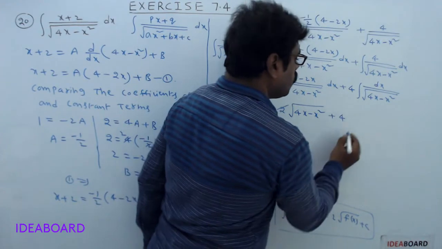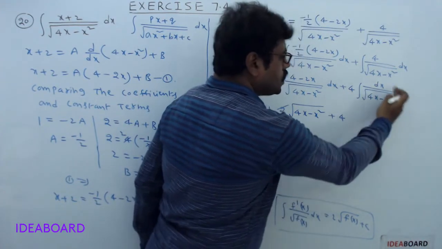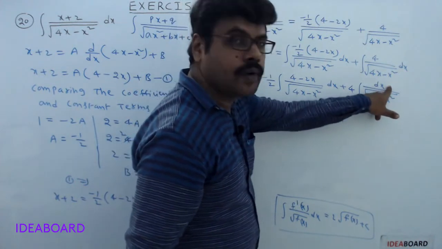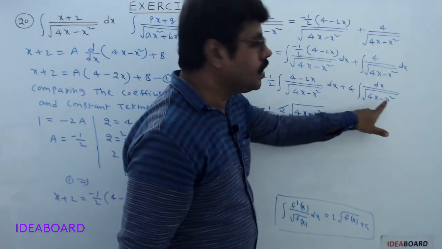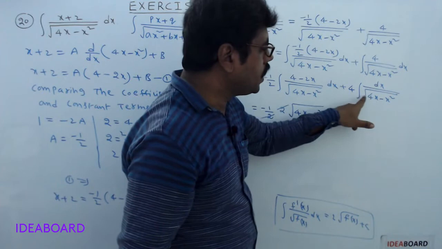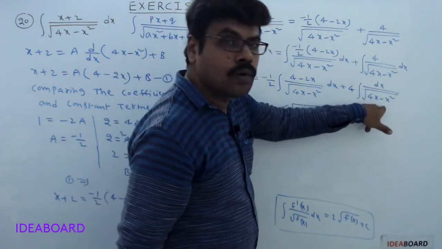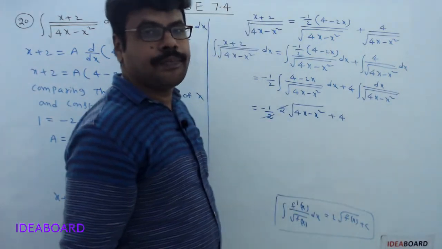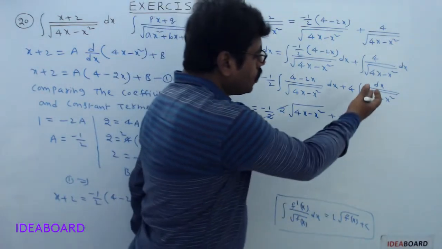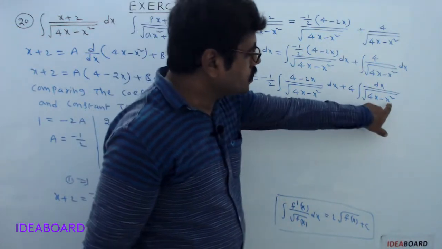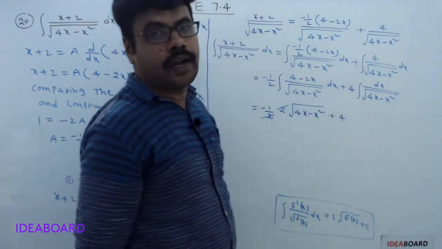So plus 4 into, if you observe the second term, it is of the form integral 1 divided by root of ax square plus bx plus c. That is integral 1 by root quadratic dx. What is the procedure to evaluate this type of integrals? First make x square coefficient as a unity.